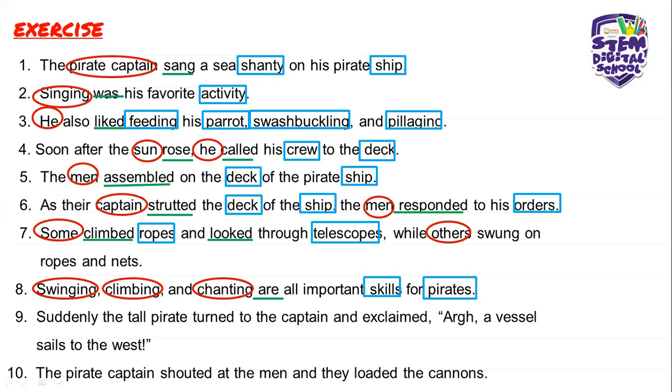So number 8 looks like number 2. Singing, swinging, climbing, and chanting are all important skills for pirates. Are is the verb. Singing, swinging, climbing, and chanting is the subject. It's the who or the what.